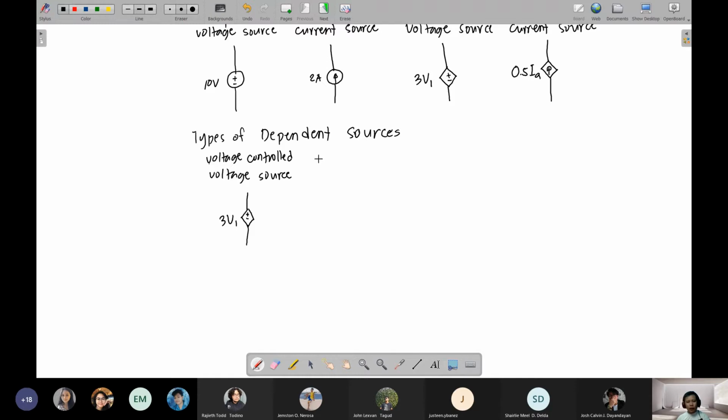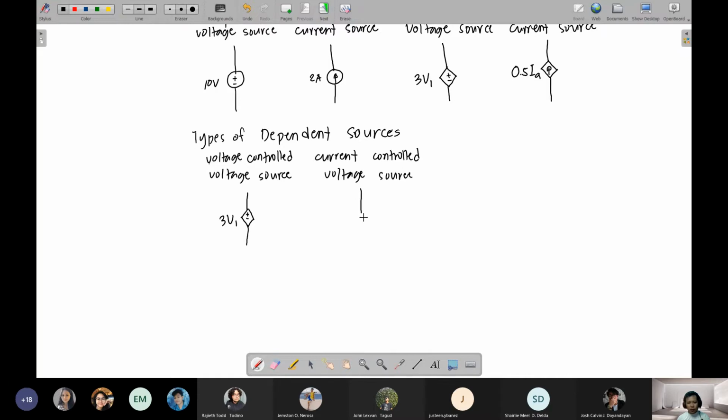Okay? Then, if you have a voltage source dependent on another voltage source, is there a voltage source dependent on a current source? The answer is yes. Of course, that is the current controlled voltage source.